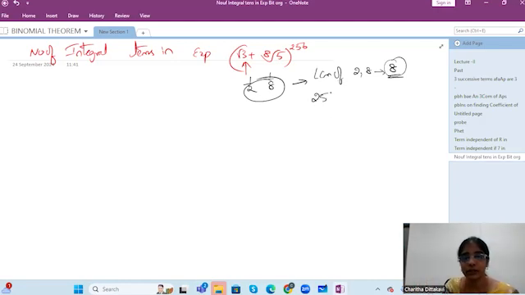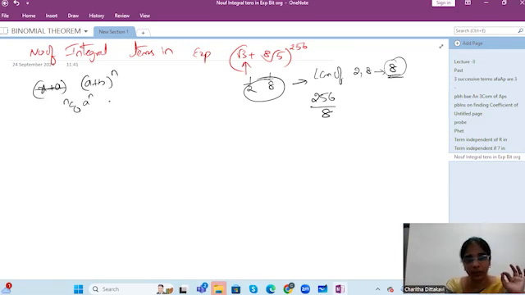So now what you're going to do is divide 256 by 8. Why 256 in the sense? Actually there are 257 terms, but I'm dividing 256 by 8. Why? Because if you take (a plus b) whole to the power n, the expansion has nC0 a^n, nC1 a^(n-1) b, nC2 a^(n-2) b squared, and so on.